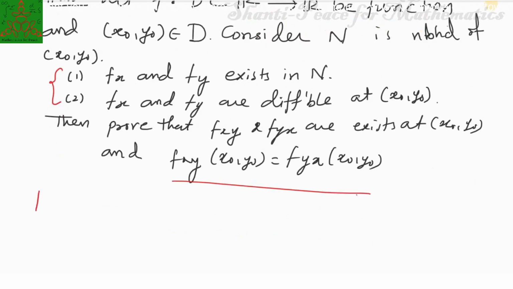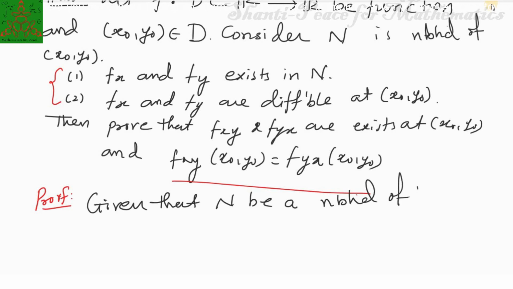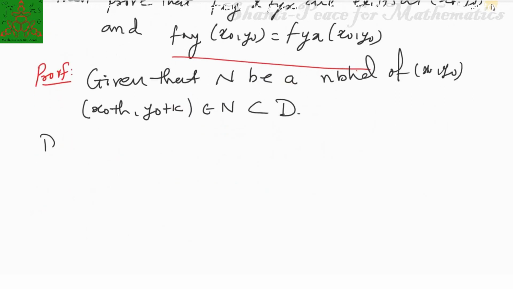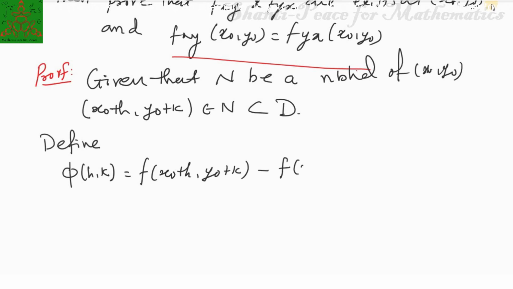Proof: given that N is a neighborhood of (x0, y0), I am taking the point (x0 + h, y0 + k) belonging to N, which is a subset of D. Now I am defining a function φ(h, k) = f(x0 + h, y0 + k) − f(x0 + h, y0) − f(x0, y0 + k) + f(x0, y0).